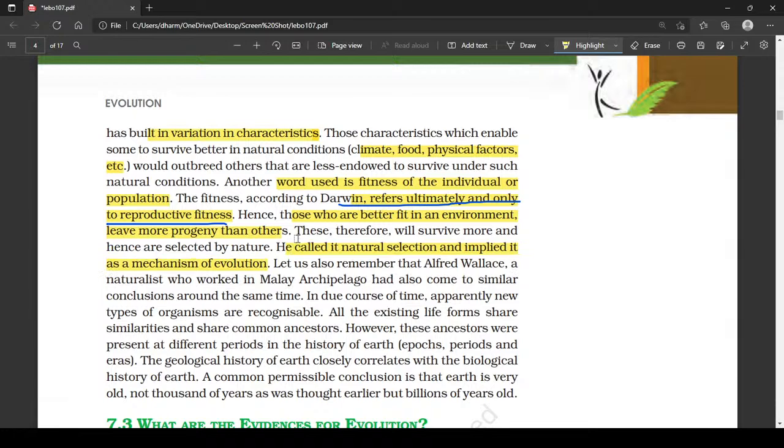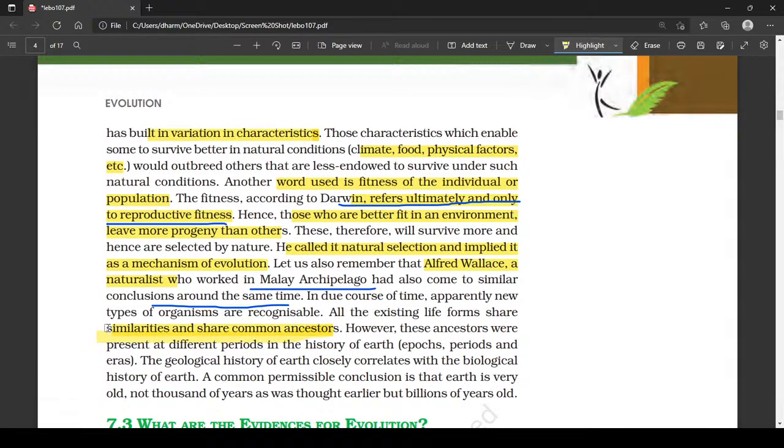Let us remember that Alfred Wallace, a naturalist who worked on the Malay archipelago, had also come to a similar conclusion around the same time. In due course of time, apparently new types of organisms are recognizable. All the existing life forms share similarities and share common ancestors.